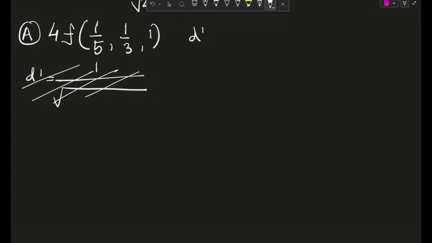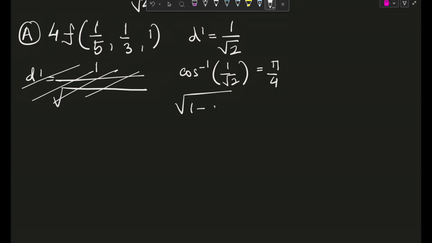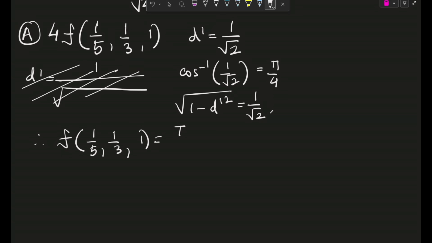So for this case, d dash will come out to be 1 by root 2, and obviously cos inverse 1 by root 2 is pi by 4, and root of 1 minus d dash square will also be 1 by root 2. So your segment area, f of 1 by 5, 1 by 3, 1, will be equal to pi by 4 minus 1 by root 2 into 1 by root 2, so half.